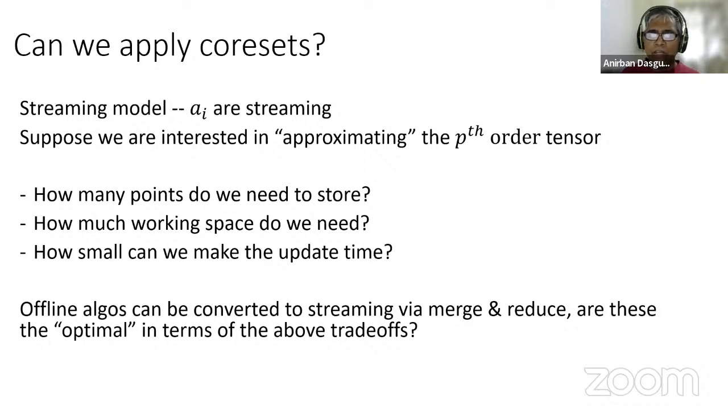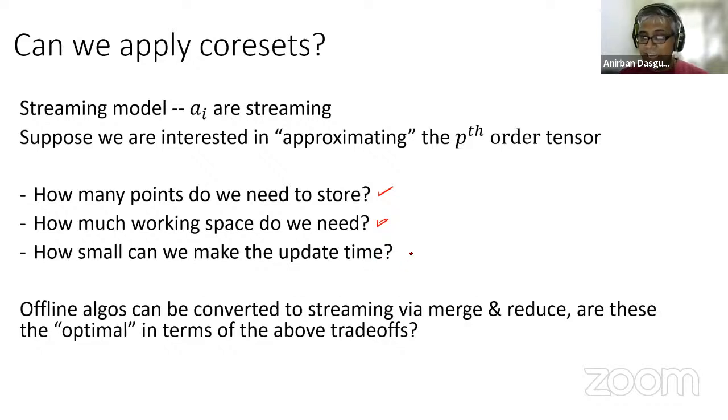Number 1, the size of your coreset, which is how many points you need to store in order to ensure this. Number 2, how much working space do you need? Even to decide whether to store one particular point, you need to do some computation. And because it is streaming, the working space is the main issue.